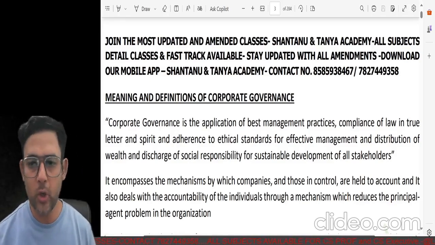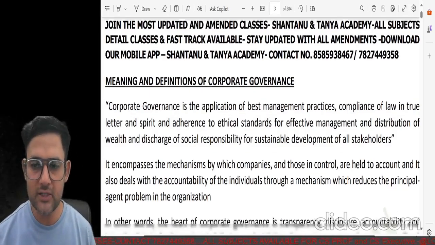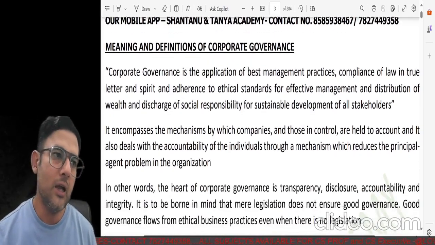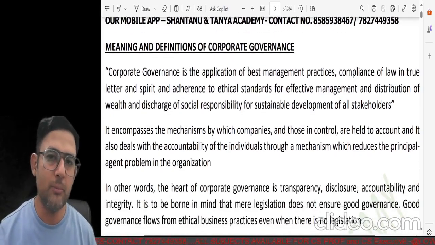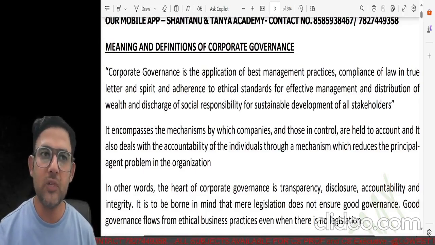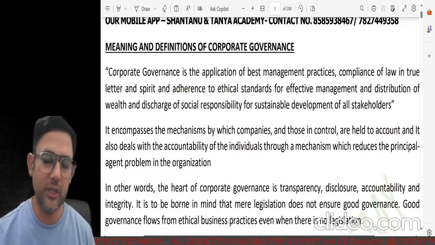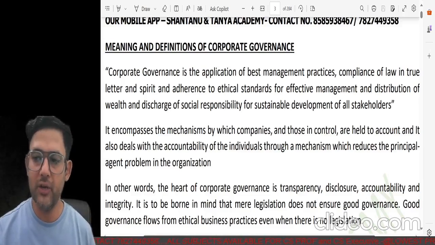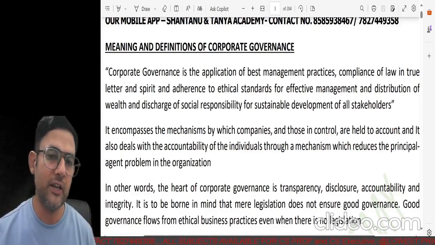Okay, so talking about corporate governance, it says corporate governance is basically the implementation of the best corporate policies to make sure that the wealth or the resources are being equally distributed between all people. So if I talk about a company, the board of directors are getting richer and richer.